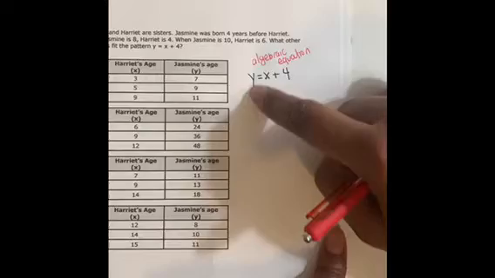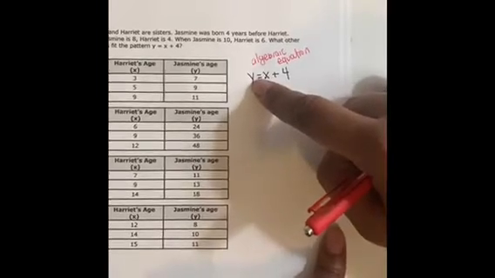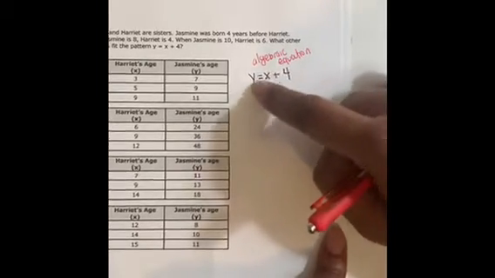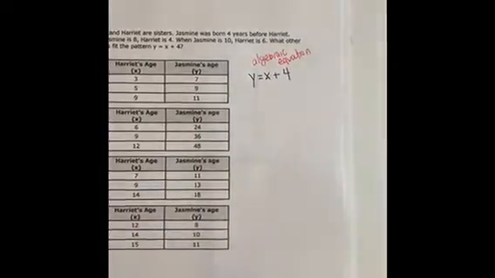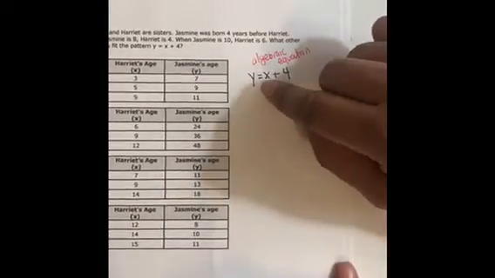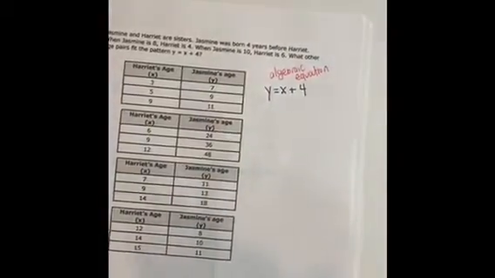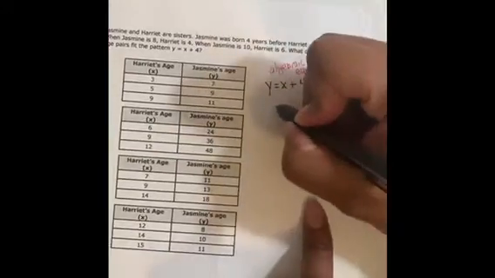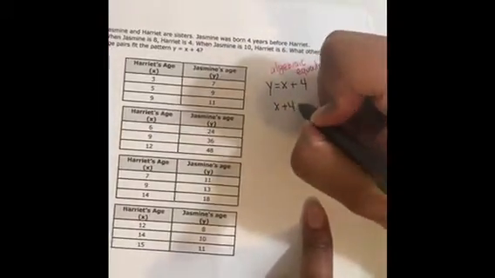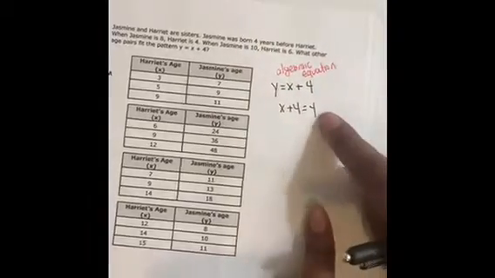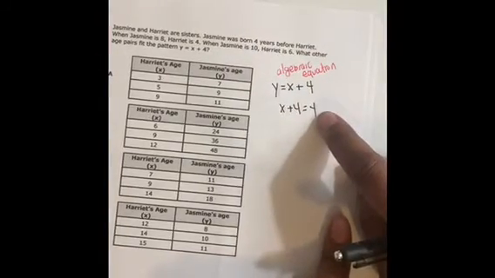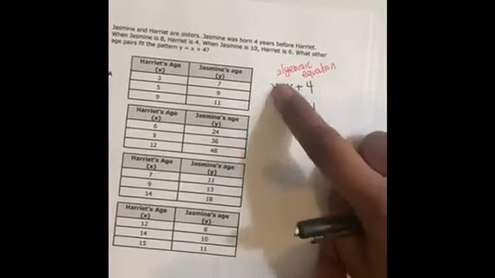These are known as variables, or unknown letters that can stand for any number. Notice that it says y equals x plus 4. You can also write it like this. It's the same thing: x plus 4 equals y. Typically, our equal sign is going to be to the right, but in this case, it's the same thing.